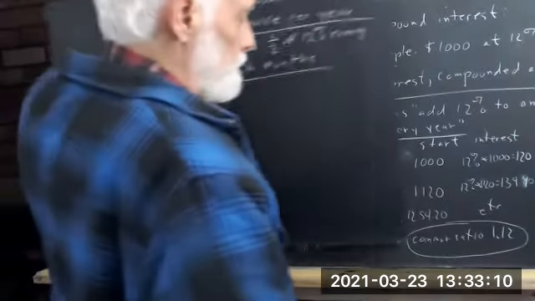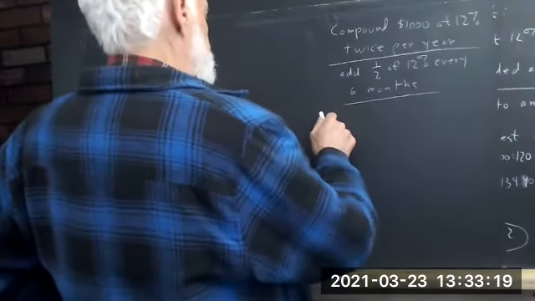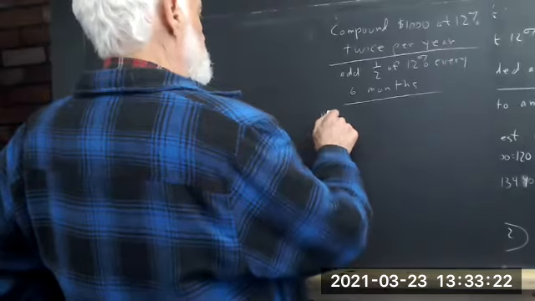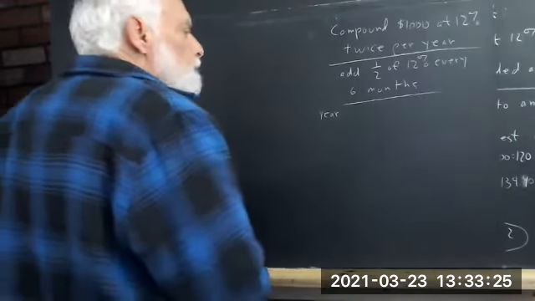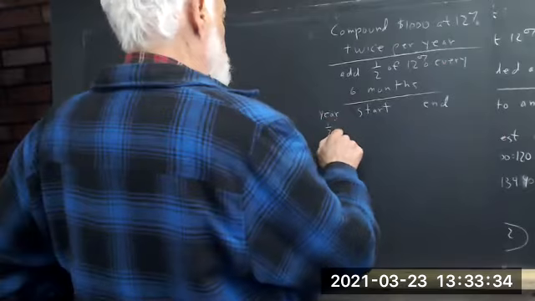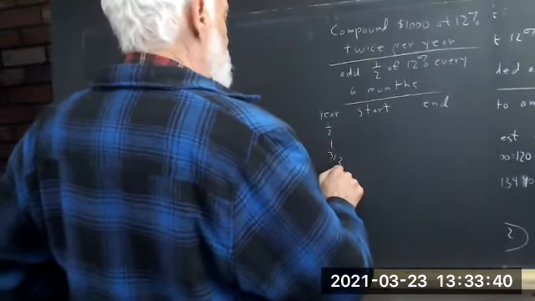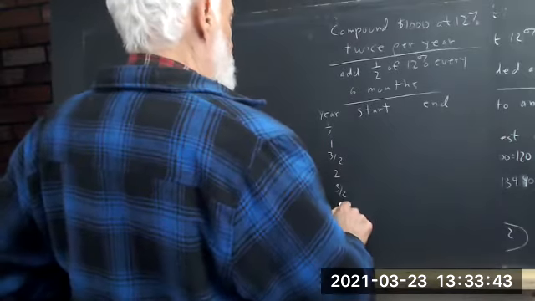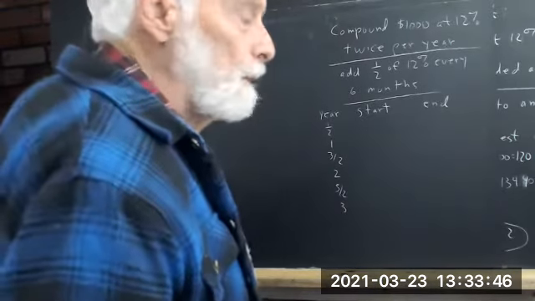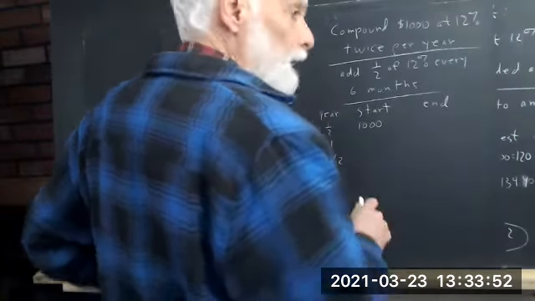So now, following the procedure we did here, we're doing this at half-year intervals, so we have 1/2, 1, 3/2, 2, 5/2, 3, and so forth. We start with $1,000.